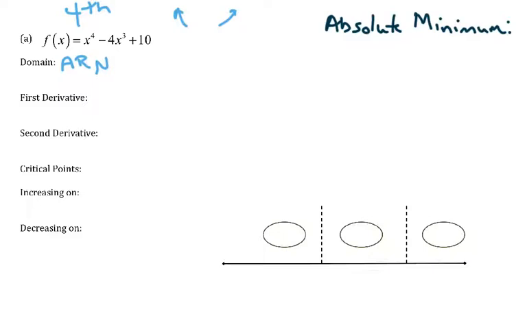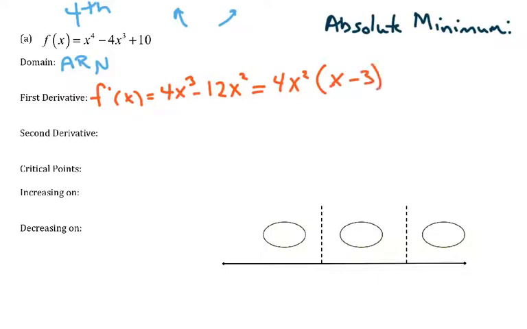Let's find the first derivative. Bring down the 4. So I have 4x cubed minus 12x squared. Now I'm going to be wanting to find the zeros, so I'm going to go ahead and factor this by factoring out 4x squared. That leaves me with x minus 3.